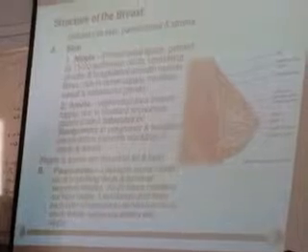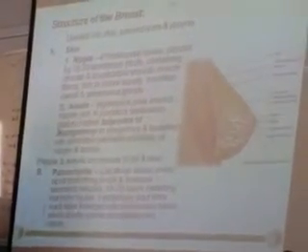These glands secrete a lot of oily secretion which will prevent the cracking of the nipples and the areola. So around the areola we have these tubercles of Montgomery, and they secrete oily secretion which prevents cracking of the nipple.